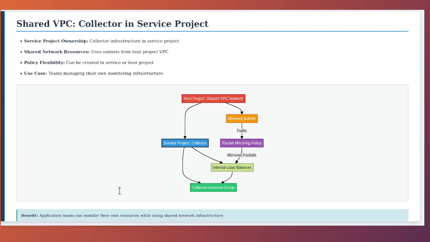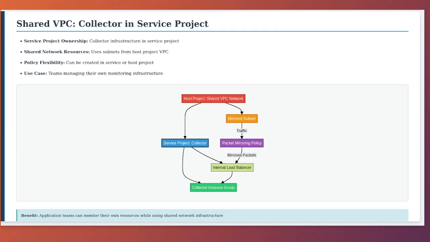At the top right, we see the mirrored sources. The diagram shows instances in the mirrored subnet, which is also part of the shared VPC network. These source instances could be in the host project, in the collector service project, or in other service projects that are not shown. The key point is that all these instances are using the same underlying VPC network.